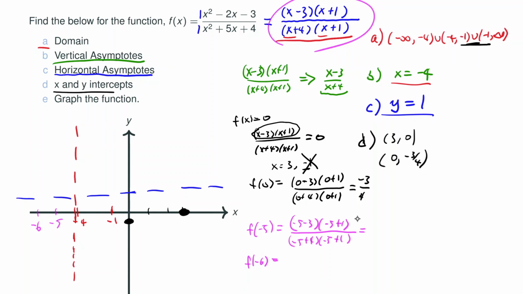That gives me -8 times -4. -8 times -4 is positive 32 in the numerator. This is -1 times -4, which gives me positive 4, so the value is 8. Okay, and let's do -6.